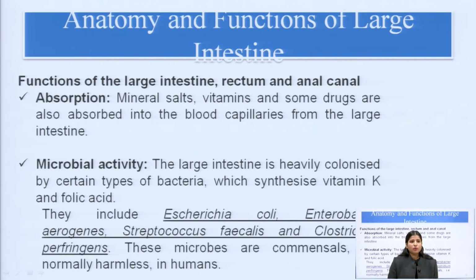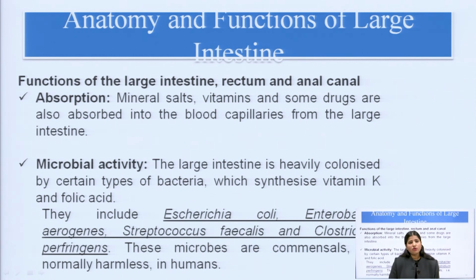Then there is microbial activity. There are some microbes present in the large intestine, like E. coli, Enterobacter aerogenes, Streptococcus faecalis and Clostridium perfringens. These are commensals. Commensals means they are good for the body, but if they move to some other organs, they can cause damage to our body.